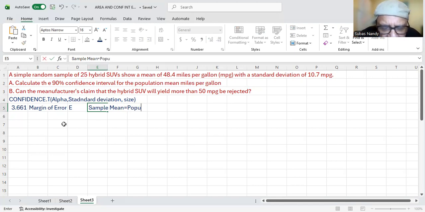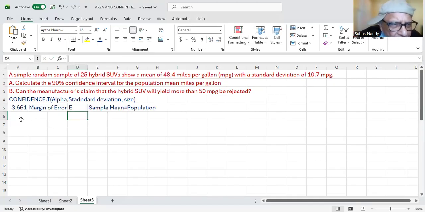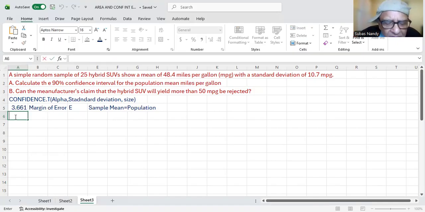Okay. So the confidence interval is given by sample mean minus the margin of error, minus E, comma, sample mean plus E.